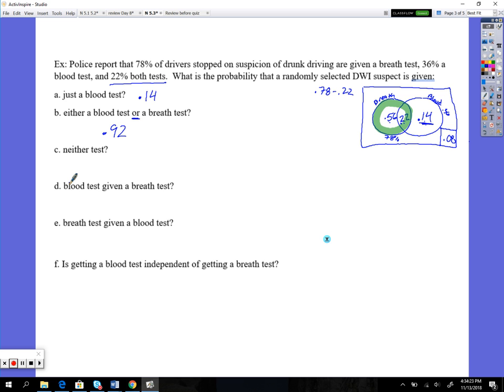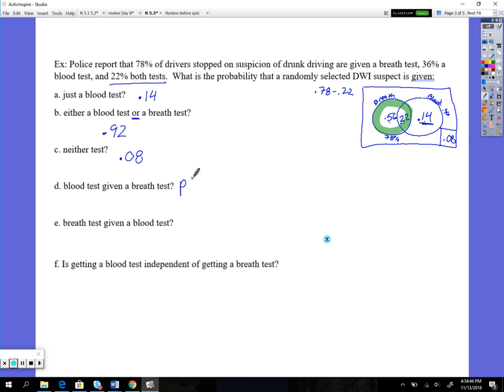Neither test, so that's going to be our box area, the outside of the circles. We already filled that out. That's going to be 0.08. Now what I'm going to do is write things out in terms of the probabilities. So blood test given a breath test.